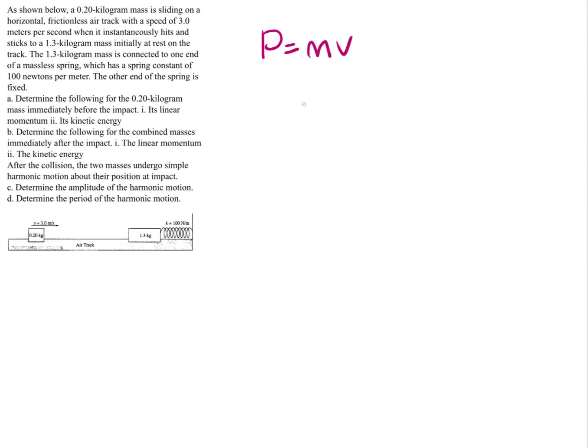Since these are moving in a straight line, we don't have to deal with vectors and 2D momentum. So the momentum is simply 0.2 kilograms times 3 meters per second, which is 0.6 newton seconds. Newton seconds is kilogram meters per second.